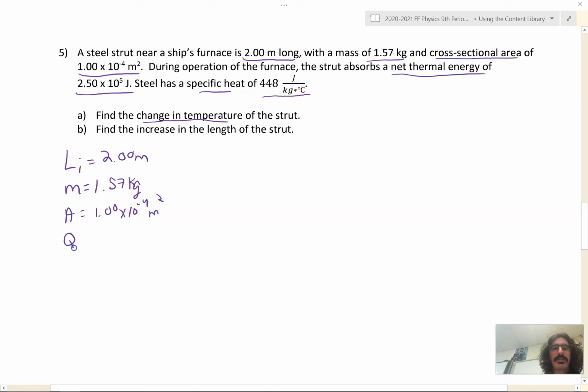That's Q. It's not internal energy like we've been using in Regents physics. Q stands for thermal energy at the college level. Q equals 2.50 times 10 to the 5th joules. And it has a specific heat, which is C, 448 joules per kilogram times degrees Celsius.